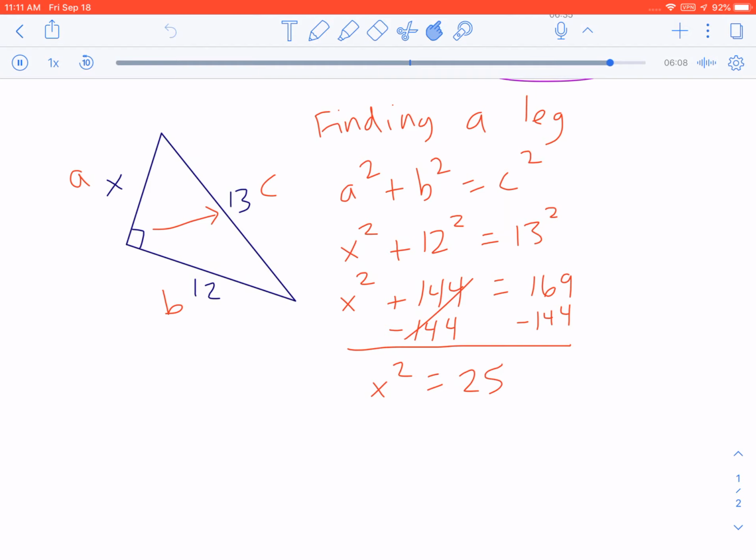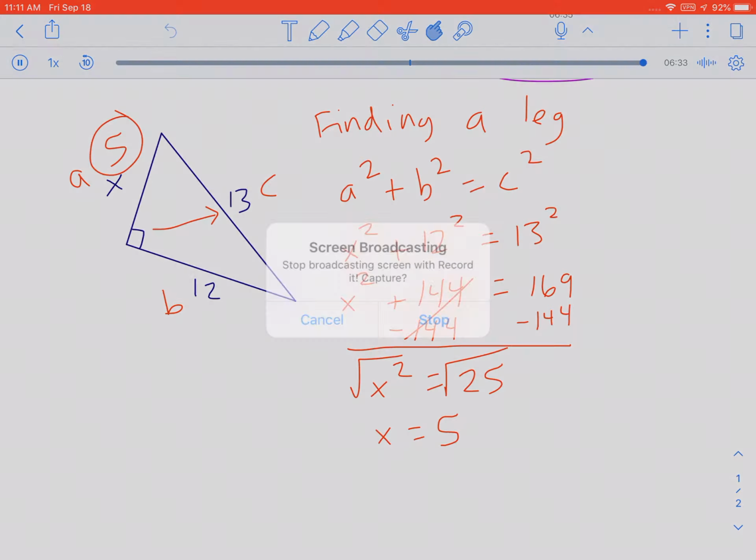And my last step is just like last time, we're going to take the square root on both sides to get x equals 5. And once again, if I look at that value, and I look at my other values, 12 and 13, the 5 should make sense, being how it is in this particular triangle. And hopefully this helps you to remember the Pythagorean theorem.